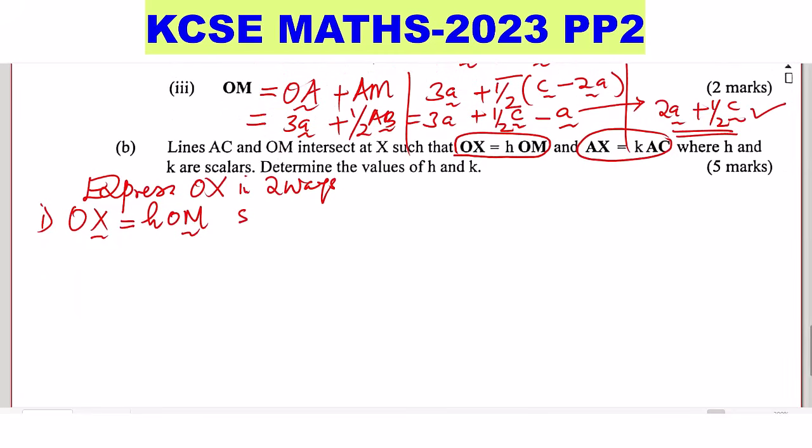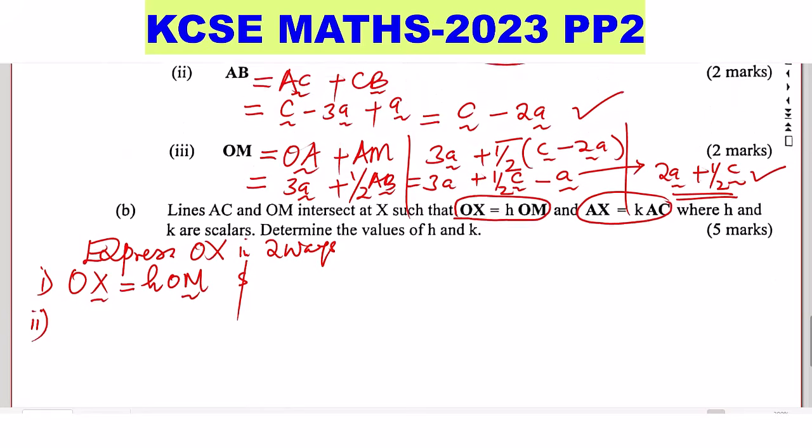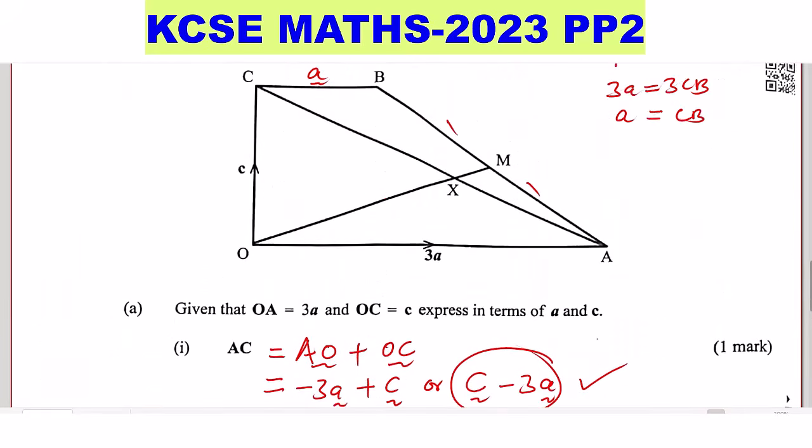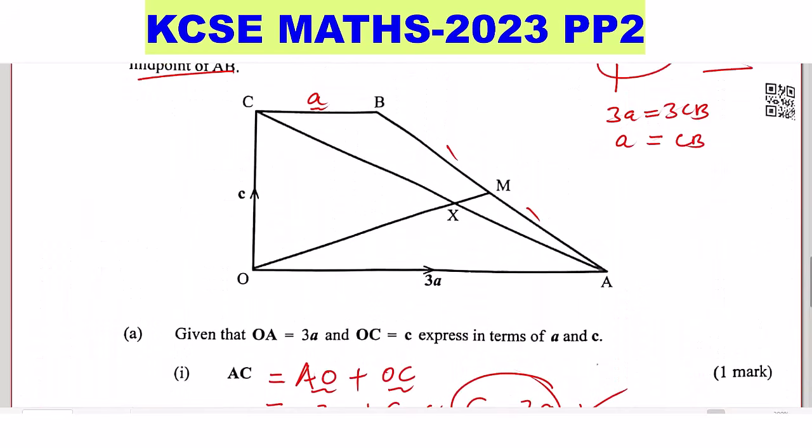Then the second way of expressing OX and ensuring that you use AX, just look at the diagram here. So you can use that root OA plus AX to ensure that you use AX.